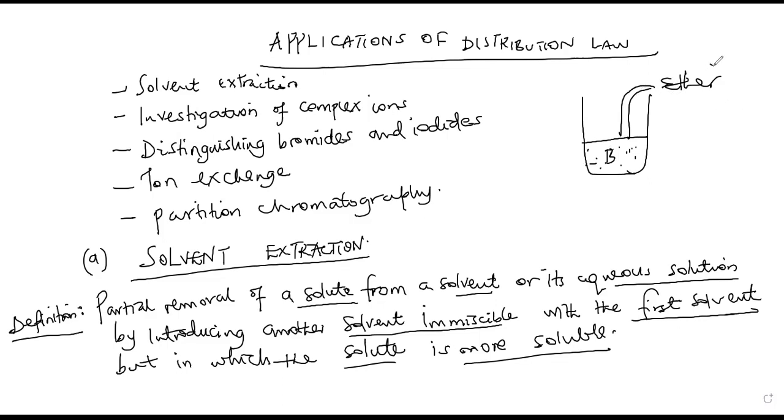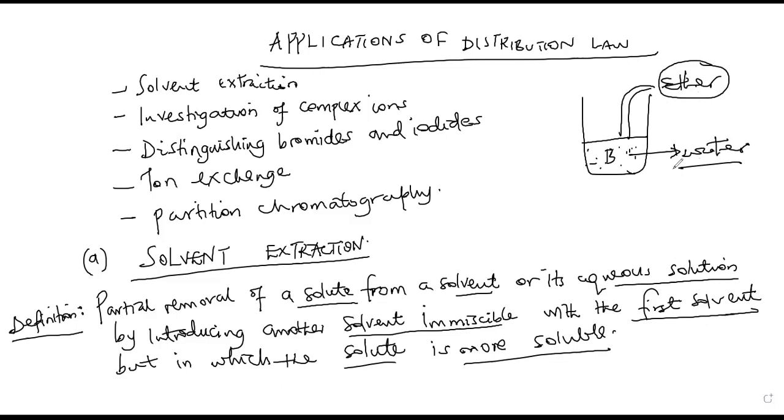So if you bring in ether, ether should not be reacting with the water. In other words, it should be immiscible. They shouldn't mix to form a uniform solution. So if you have water and you introduce ethanol, the ethanol is miscible with this water, and therefore it cannot work as an extracting agent or extraction solvent.